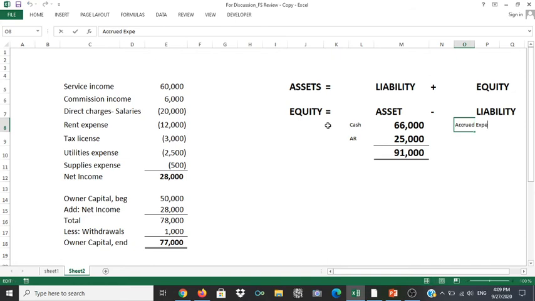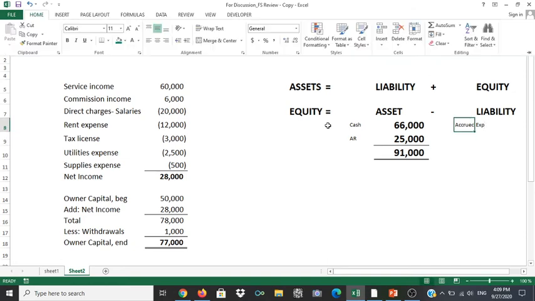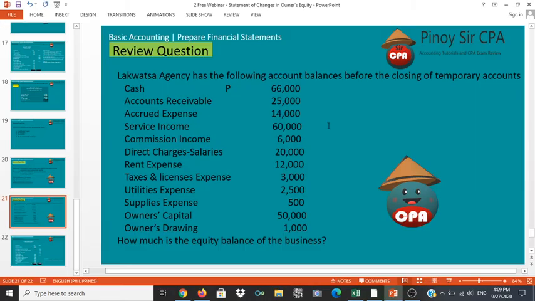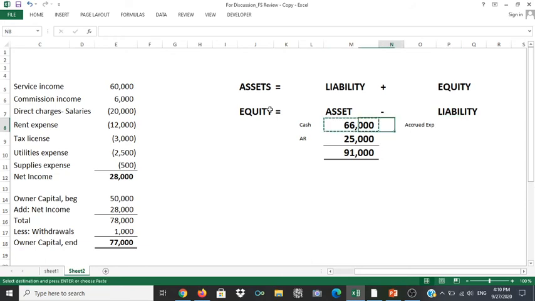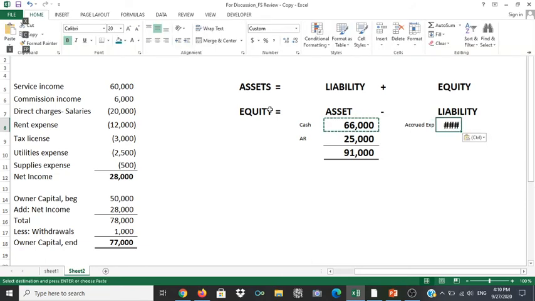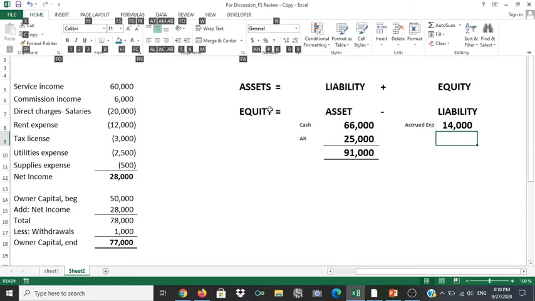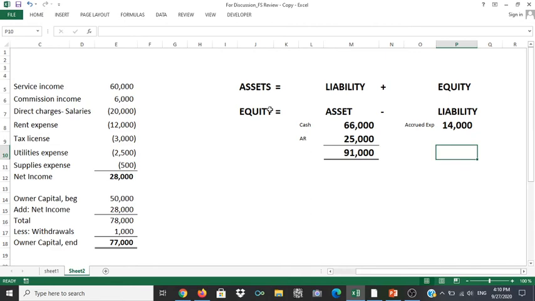Liability account yan eh. So magkano daw yon? 14,000, right? Tama? 14,000. Wala namang ibang other liability account. So the total of that will be 14,000 also.